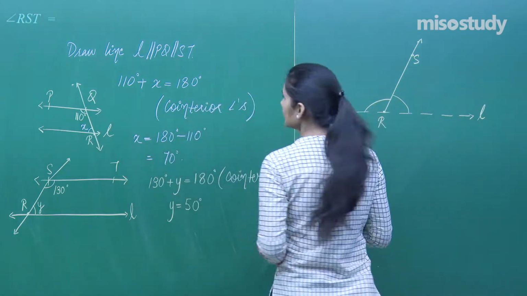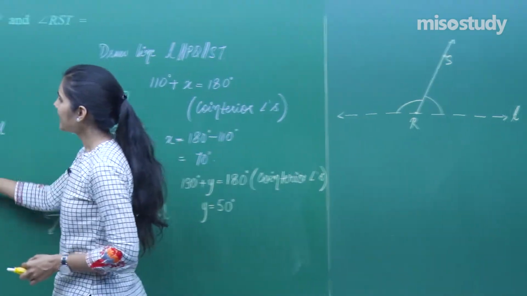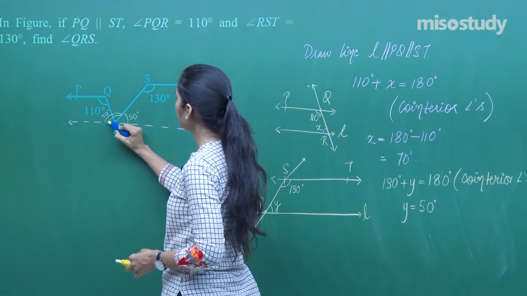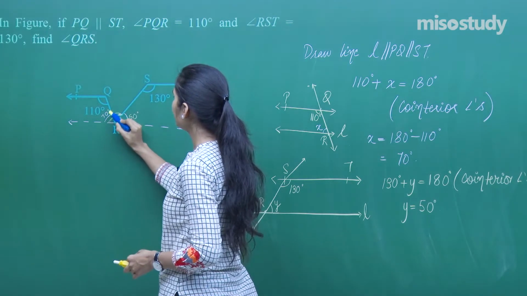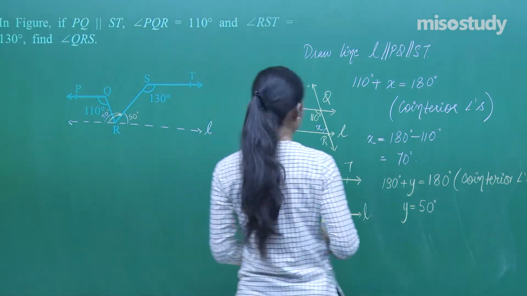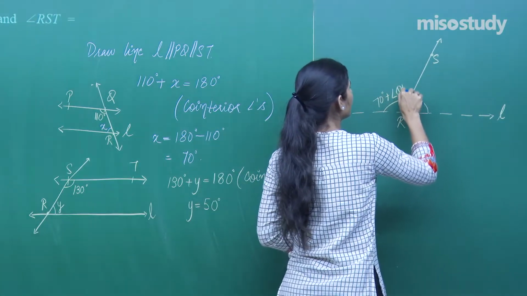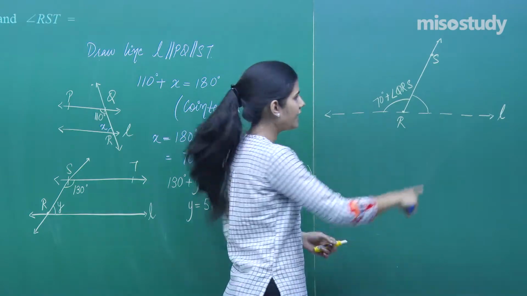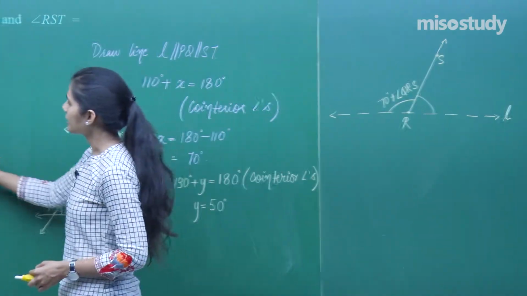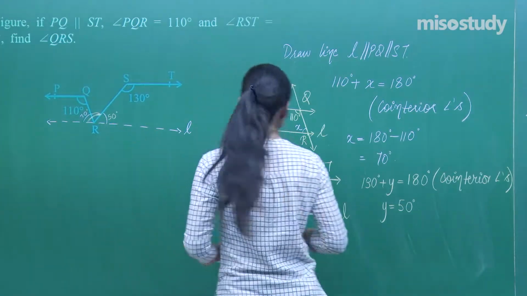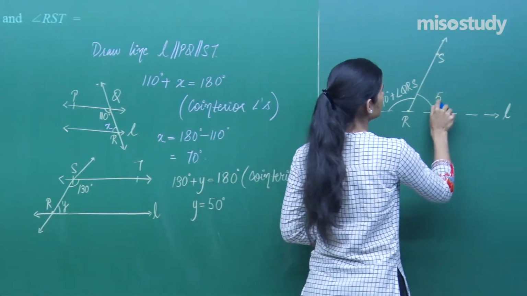But what is this angle? This complete angle is 70 plus angle QRS. And what is this angle? This angle is just 50 degrees. I found it.